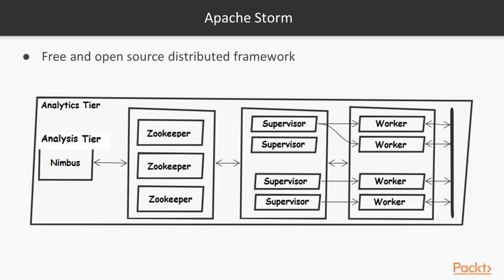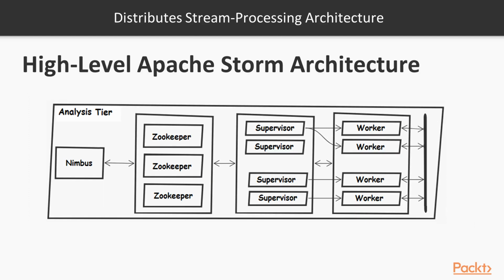Apache Storm, in simple terms, is a free and open-source distributed framework for real-time processing of data streams. Let's briefly overview the Storm high-level architecture. It relies on the Nimbus master node. Nimbus is responsible for distributing code around the cluster, assigning tasks to machines, and monitoring for failures. Each worker node runs a daemon called the supervisor.